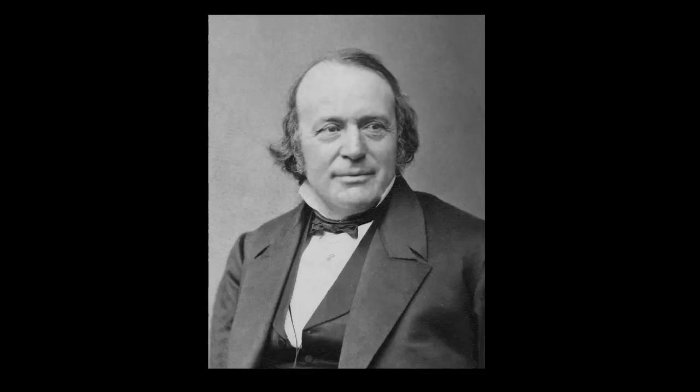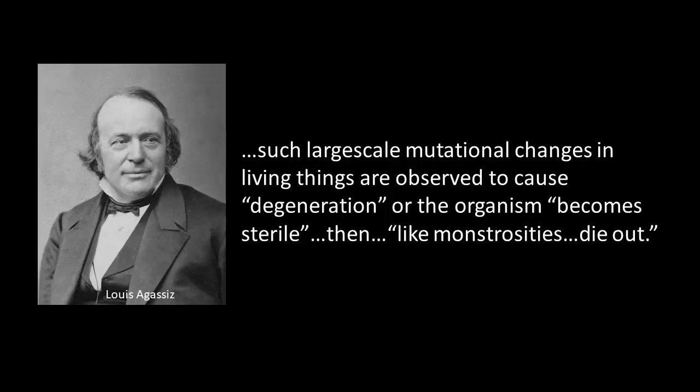Louis Agassiz, a critic of Darwin's new theory, pointed out that such changes in living things are observed to cause, quote, "degeneration," or for the organism to, quote, "become sterile." Agassiz pointed out that such changes would cause, quote, "like monstrosities, they would die out."